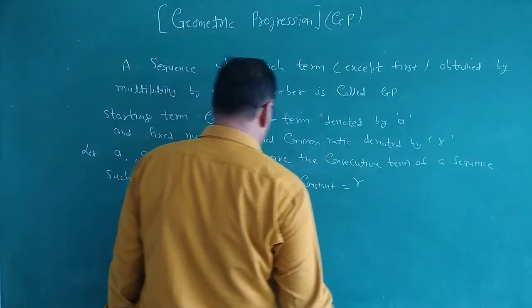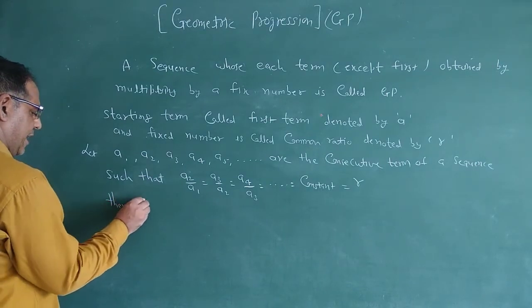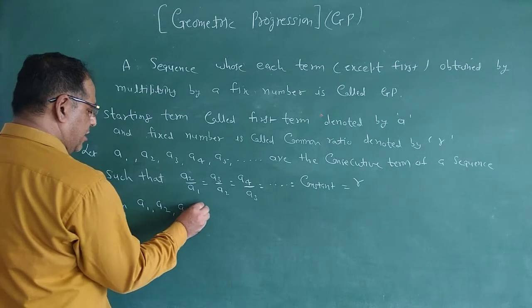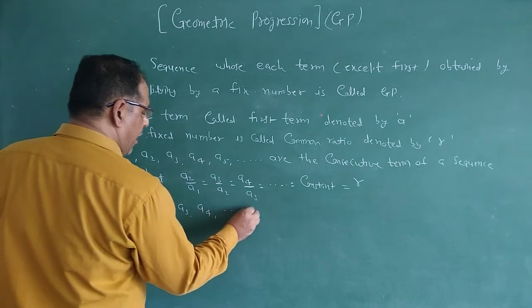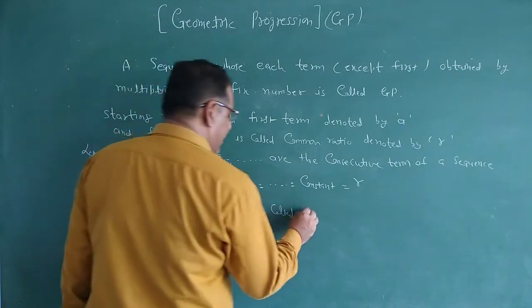Suppose that is R, then A1, A2, A3, A4 are called in GP.